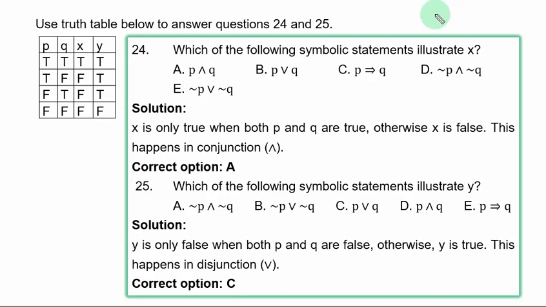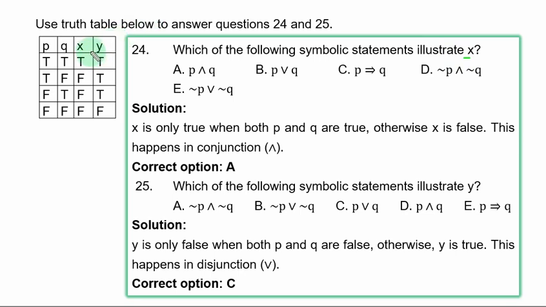Use the truth table below to answer questions 24 and 25. Question 24. Which of the following symbolic statements illustrates S?